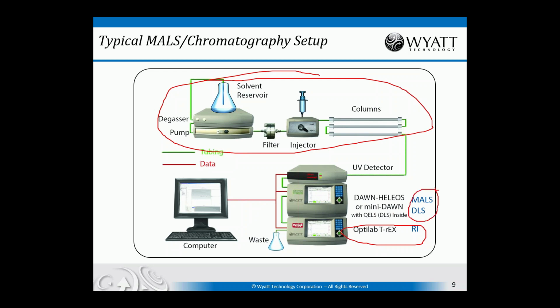And the heart of the system is the MALS detector, which might be a DAWN Helios, the higher end multi-angle light scattering detector, or the miniDAWN TREOS, which is the starter level multi-angle light scattering detector. Both of these can incorporate an embedded dynamic light scattering module, which utilizes the same laser and same flow cell as the MALS measurement. And so we'll be measuring molecular weight, size via RMS radius, and size via hydrodynamic radius, all in the same volume at the same time, which can make for some very powerful analyses, in particular in terms of conformation and shape.